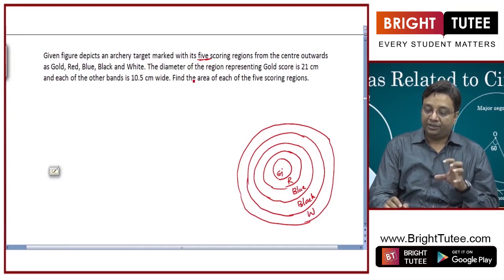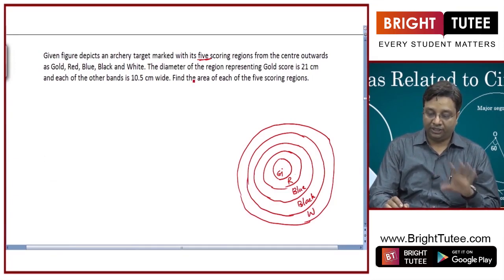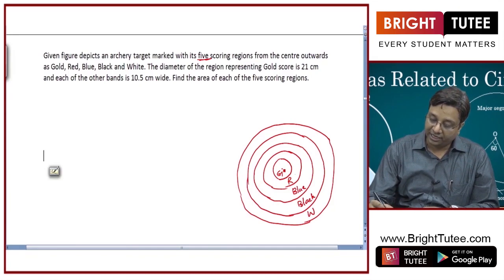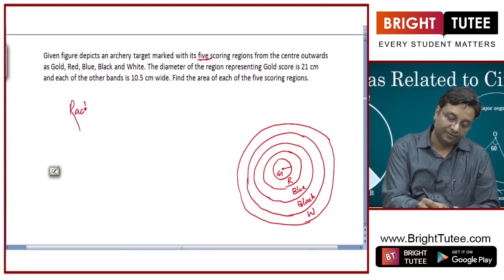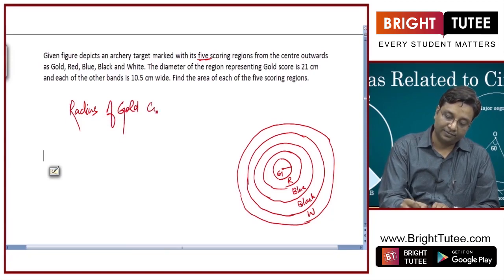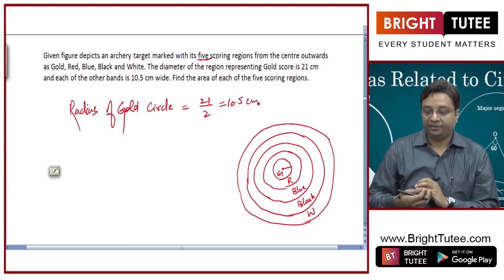Diameter of the region representing the gold score is 21 centimeter. So the diameter of the innermost circle is 21 centimeter. So if I talk about its radius, how much will be the radius of gold circle? It will be 21 by 2, which is 10.5 centimeter, right?